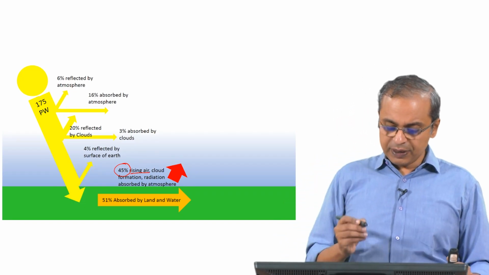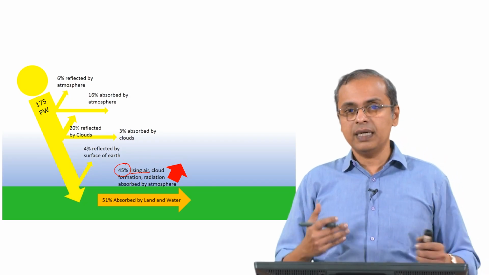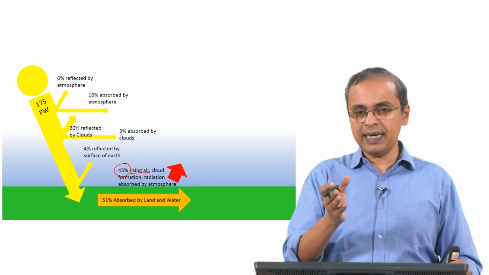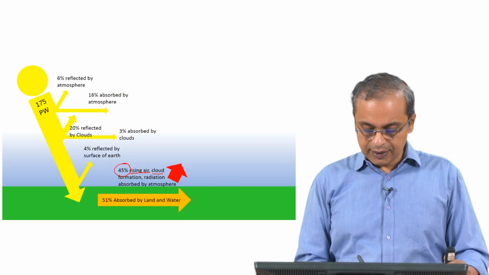So 45% of the heat that first got absorbed by the land and the water gets used for a few different things. One of them is this rising air: it heats the air and then it begins to rise. The second very important thing is cloud formation.